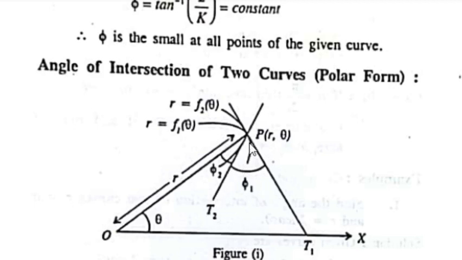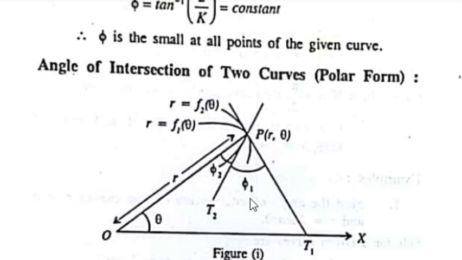Here the two curves are intersecting, so this angle is nothing but the angle between these tangents. So the angle of intersection of two curves is the same as the angle between their tangents. Now take two curves, say r is equal to f1 of theta and r is equal to f2 of theta.